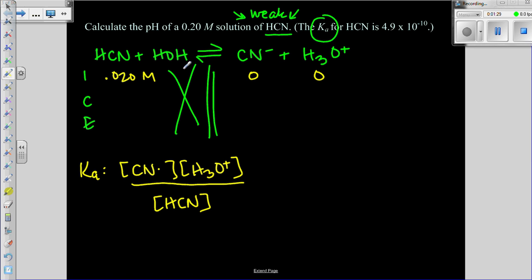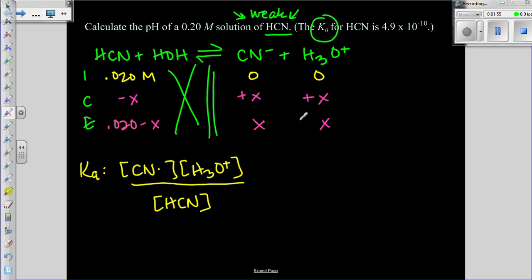Water is not included because it is a pure liquid. So I have my Ka. I don't know my equilibrium concentration, so I'm going to use X. Hydrogen cyanide will go down by X, the products will go up by X, and then I'm going to add and get 0.20 minus X, X, and X.